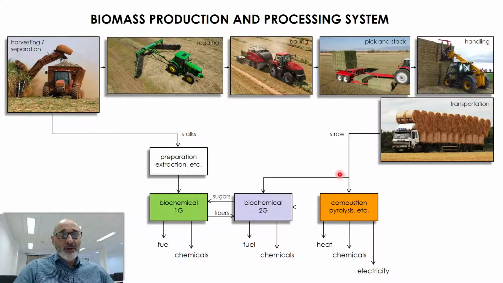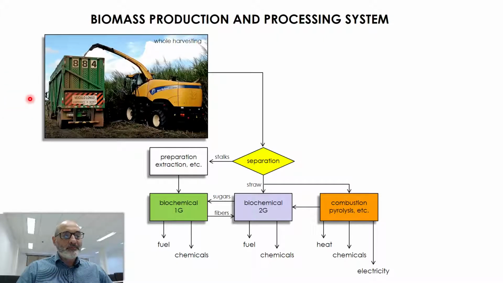And I'm not showing it, but you have a machine here to unbuild these bales, okay? So it's nonsensical from an energy point of view. A better system would be something like this, okay?